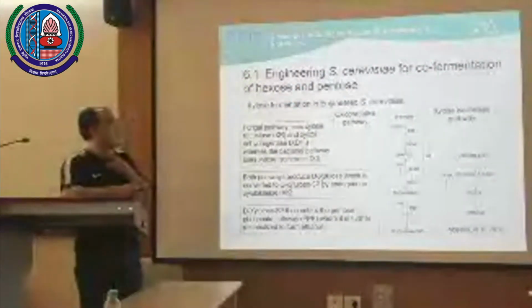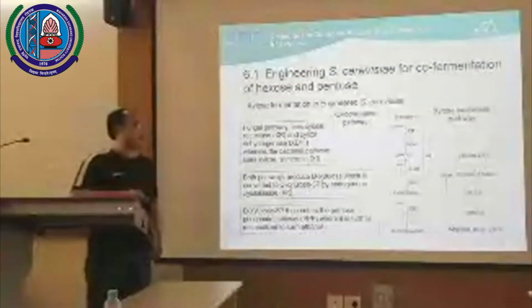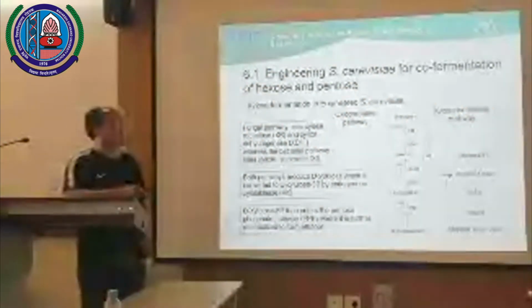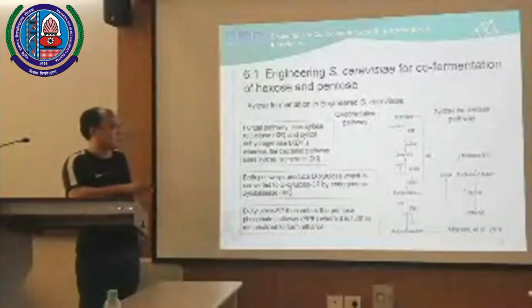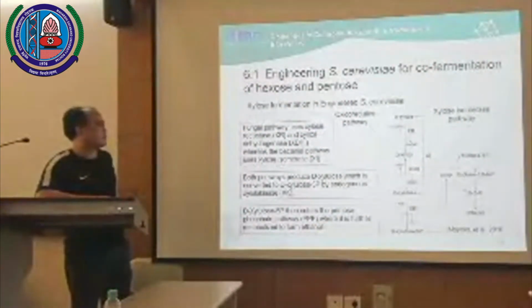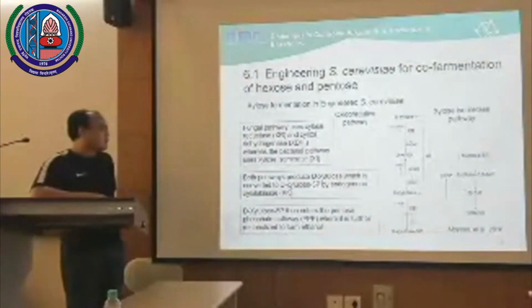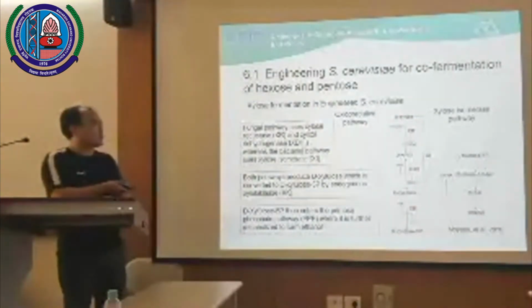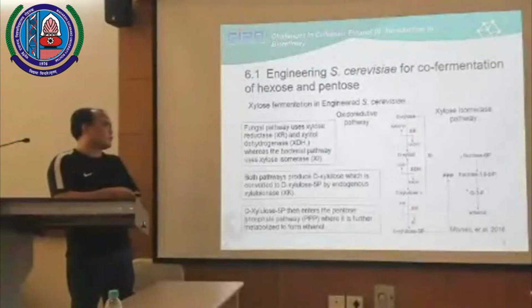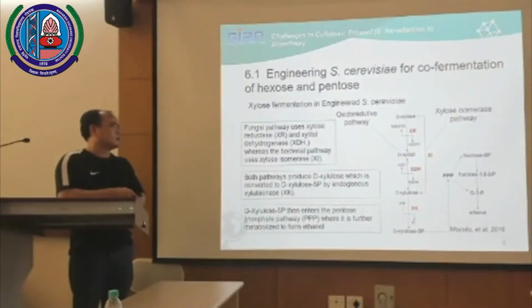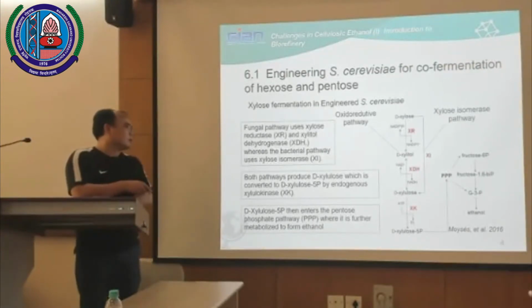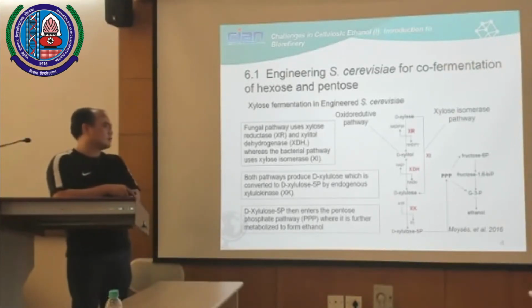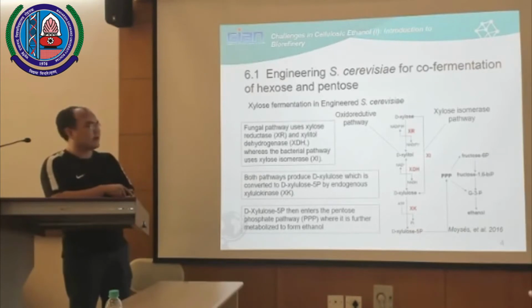And another way is to use the XI pathway, the xylose isomerase pathway. It is commonly used by bacteria. Both pathways produce xylulose, which is converted to D-xylulose 5-phosphate by an endogenous enzyme, which we call XK.